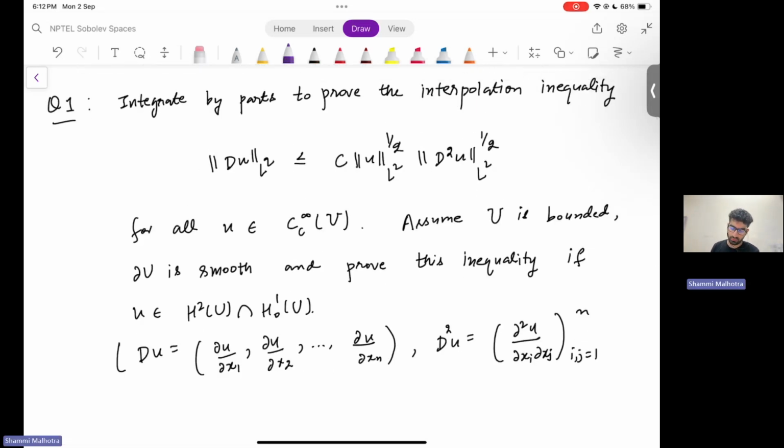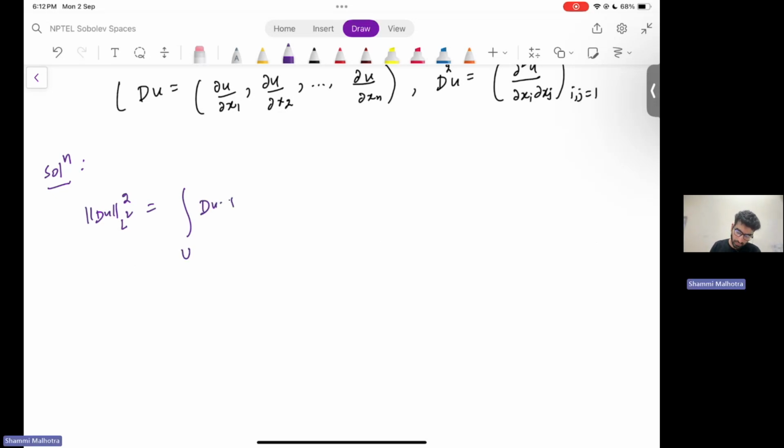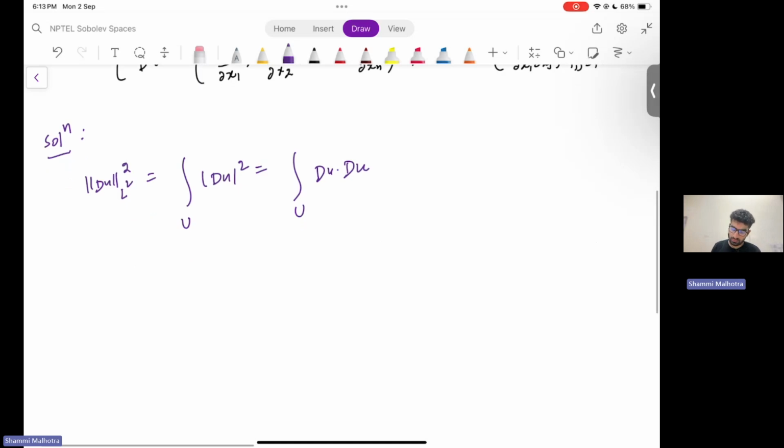We need to prove this inequality. To prove this, we start with the norm of Du in L2 squared. So let's see what this thing is. It's the integral of Du dot Du. Actually this is just mod Du squared.